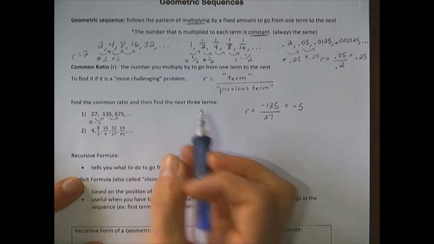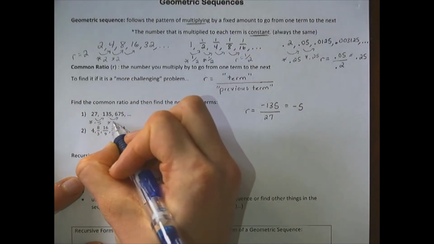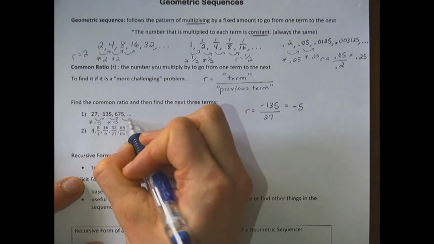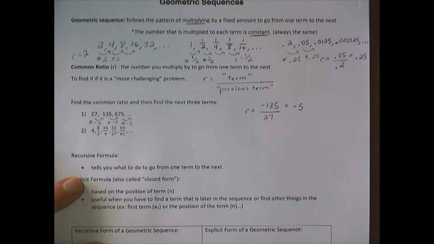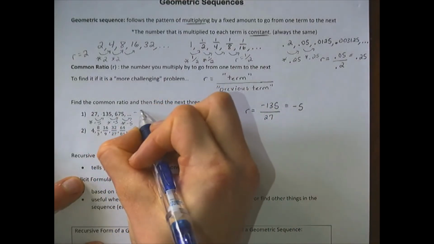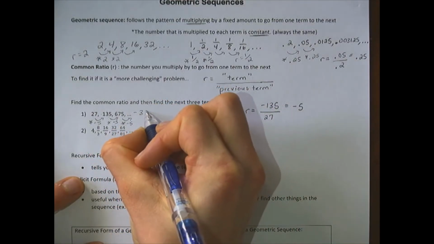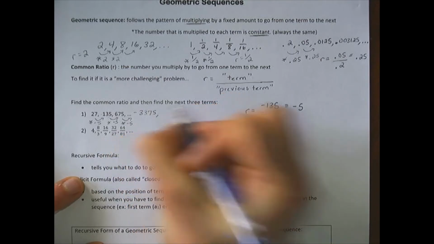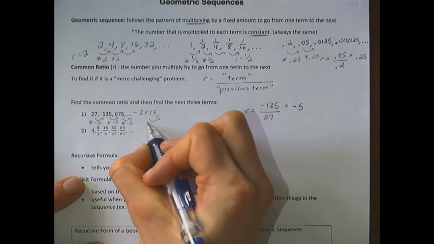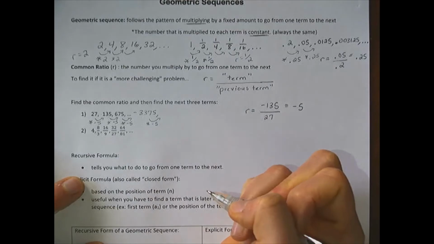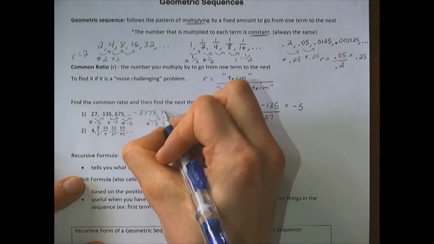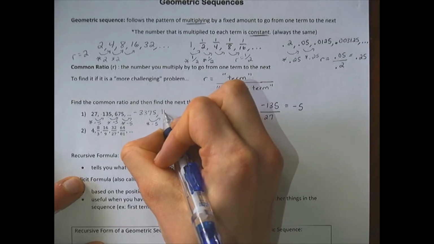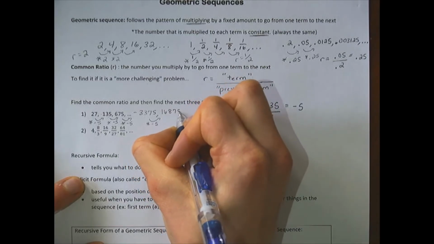Okay, so then to find the next three terms, you just keep that same pattern going. I'm going to take the 675 and multiply by my -5. And so when I do that, I end up getting -3,375. Then I would take that one and multiply by -5 again, and I end up getting 16,875.